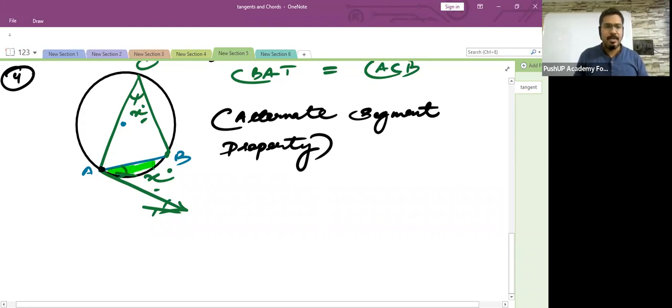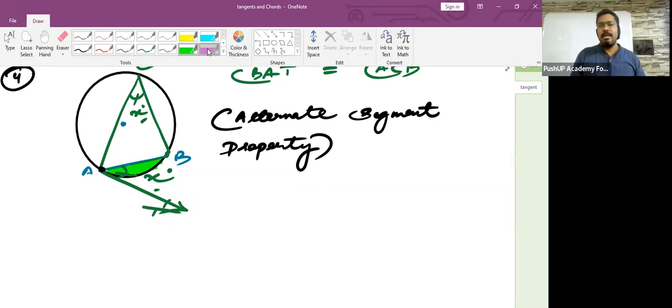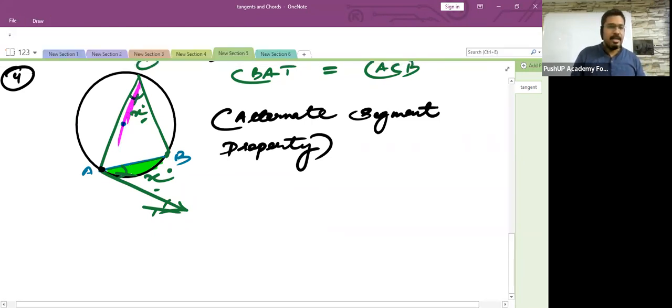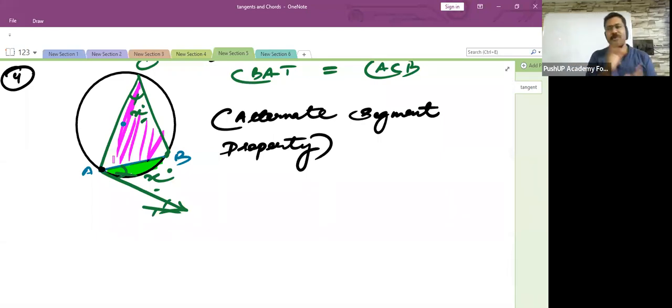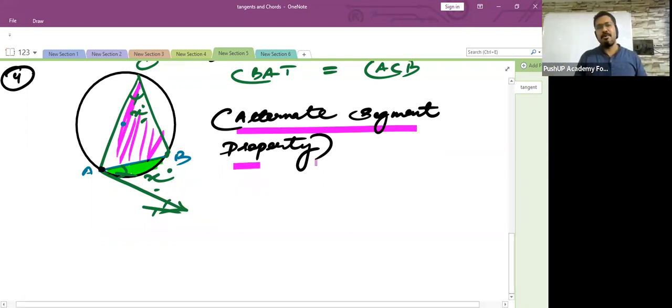Don't you feel it is happening in the minor segment? Very good. And if I ask you, where is this angle ACB happening? It is happening in the major segment. Aren't they happening in two alternate segments? Yeah, they both are happening in the two alternate segments. That is the reason they have shortened the name of the property as alternate segment property. Are you getting it?